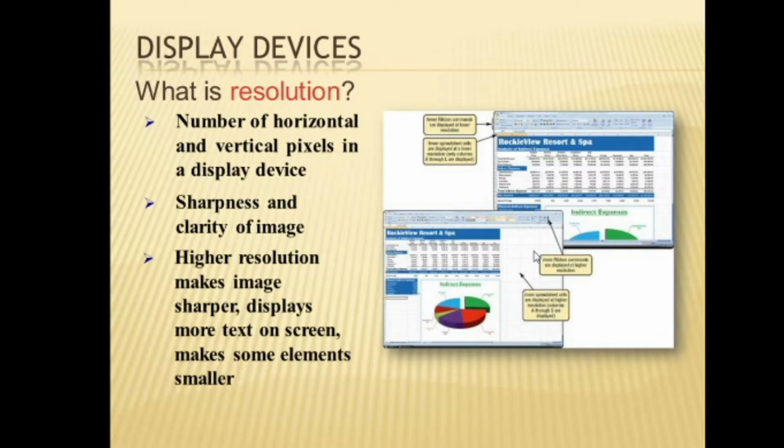For graphics monitors, the screen resolution signifies the number of dots, that is, pixels, on the entire screen. So, what is resolution? Number of horizontal and vertical pixels in a display device. Sharpness and clarity of image. Higher resolution makes image sharper, displays more text on screen, makes some elements smaller.